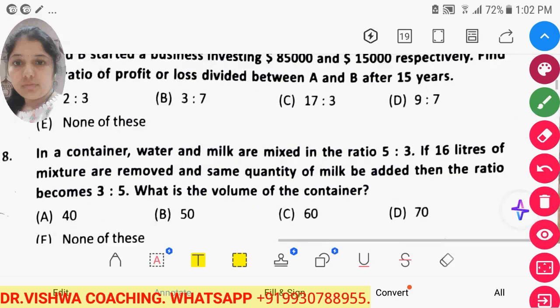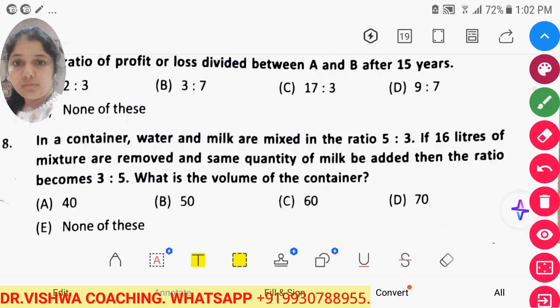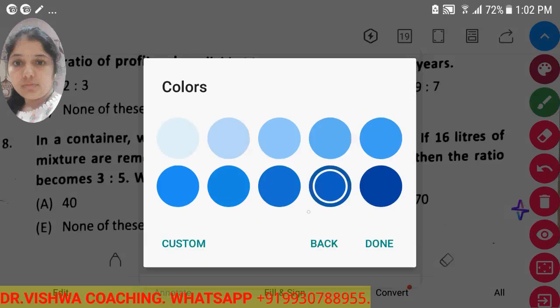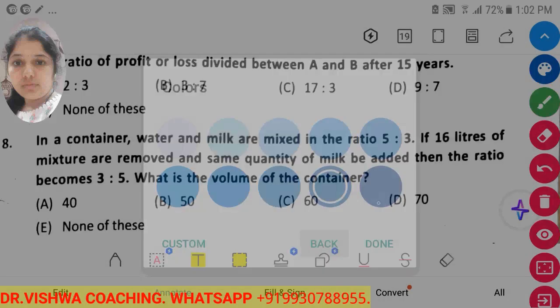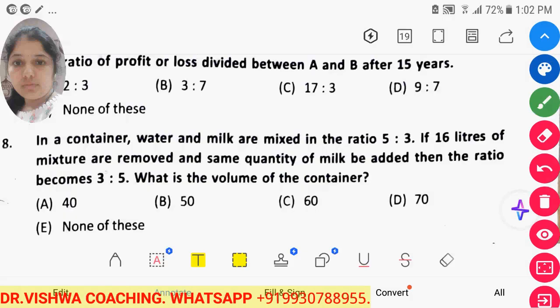Now in a container, water and milk are in the ratio 5:3. If 16 liters of mixture are removed and the same quantity of milk is added, then the ratio becomes 3:5. What is the volume of the container?